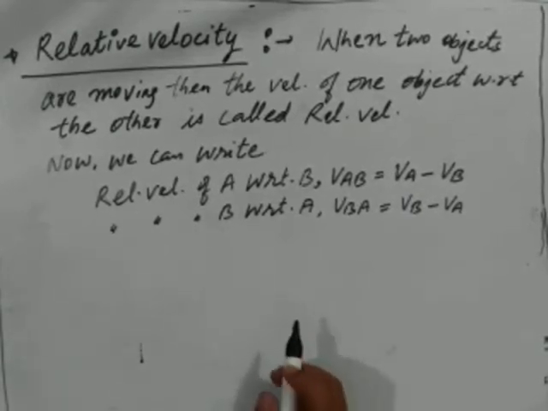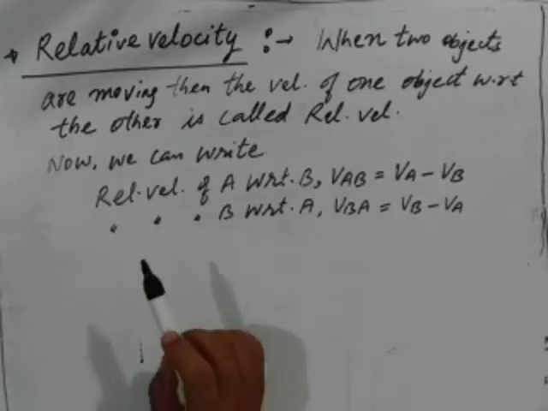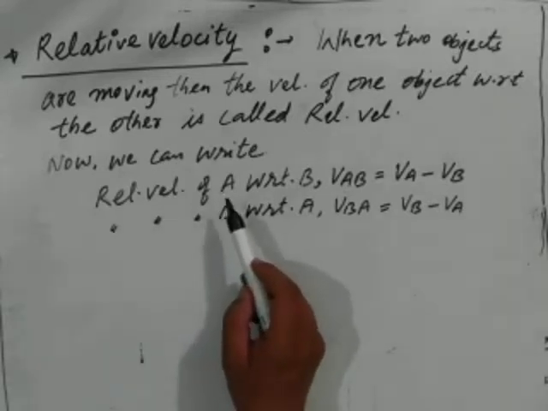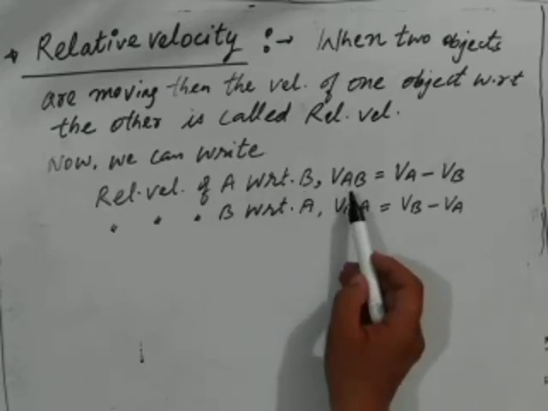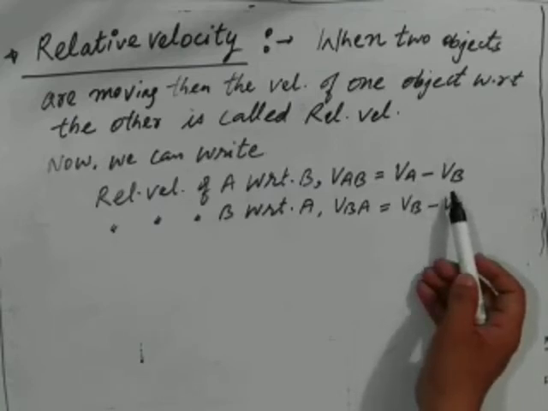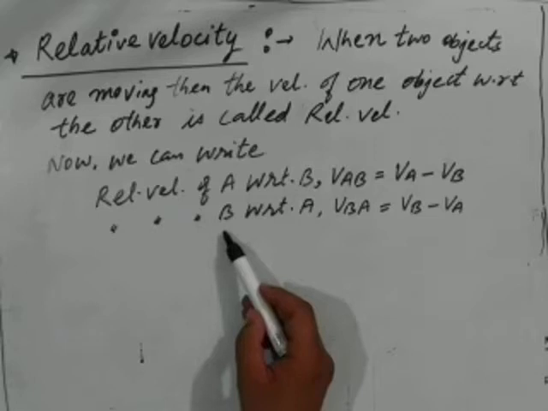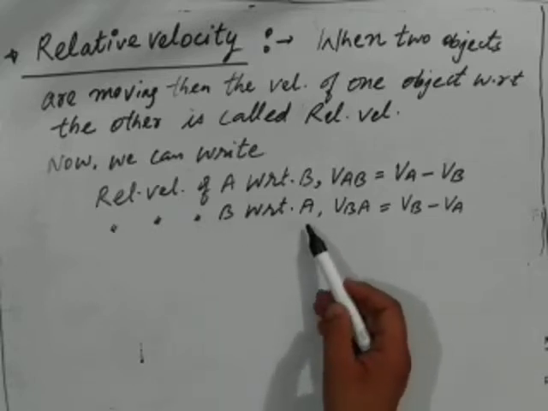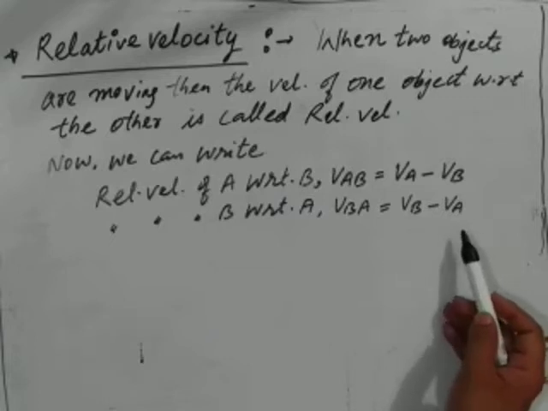Now we are in a situation that we can explain relative velocity. Relative velocity of A with respect to B, that is VAB, is equivalent to VA minus VB. Similarly, relative velocity of B with respect to A, that is VBA, is equal to VB minus VA.